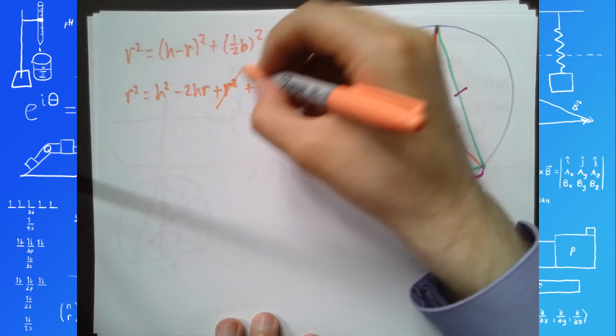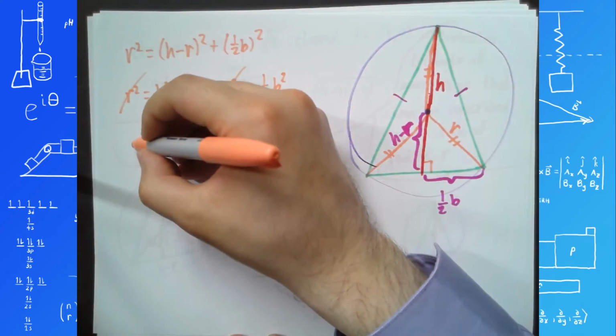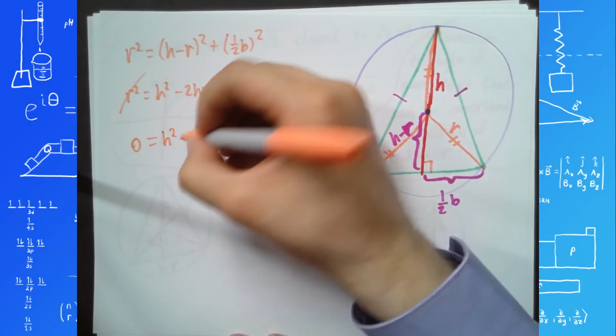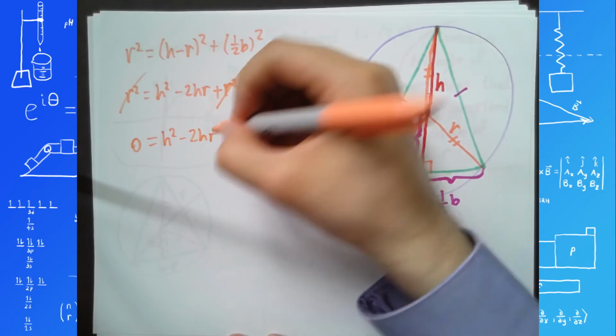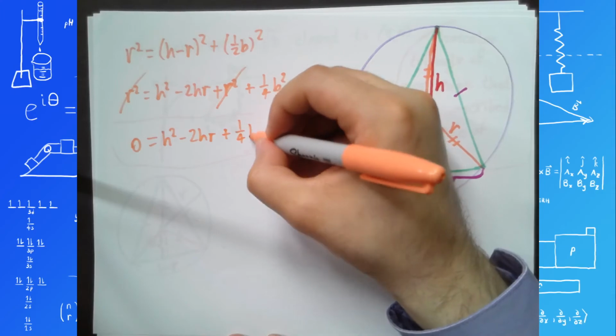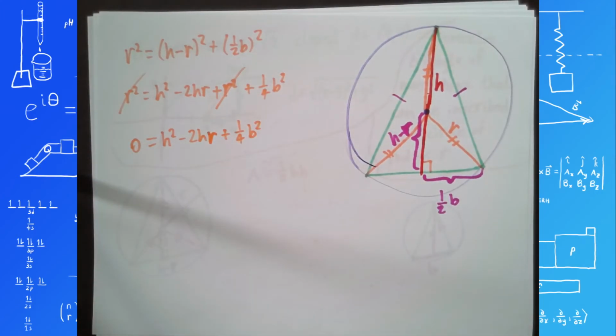Ooh, and I can cancel r squared on both sides, leaving us with 0 equals h squared minus 2hr plus 1/4 b squared. So in this case, r is a constant, h and b are variables, and I want to either solve for b in terms of h or h in terms of b so that my area function can be a function of a single variable.